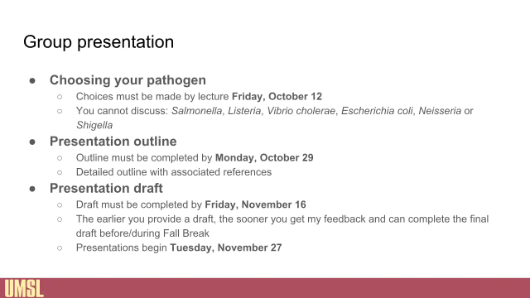Or if you know something that's not on this list that you cannot discuss, talk about it with your group. By the end of October, you'll notice that these are in about 2.5 week increments. So I'm giving you plenty of time to decide on a pathogen. I'm giving you about 2.5 weeks to think about what we can dig up about the pathogen we've chosen in terms of these aspects of their life cycle that we'll talk about in a second.